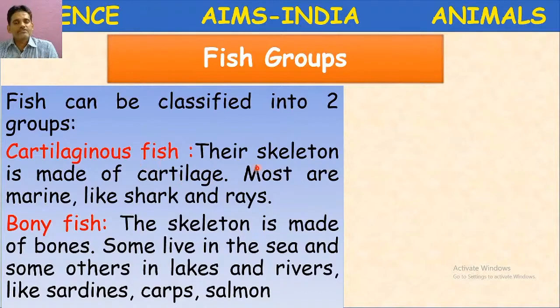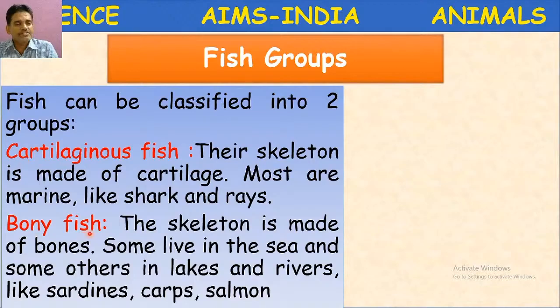Most are marine. For example, shark, rays, electric ray fishes. Shark, they come under the cartilaginous fish category.